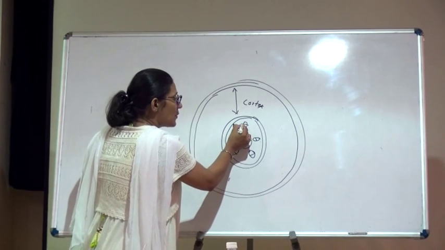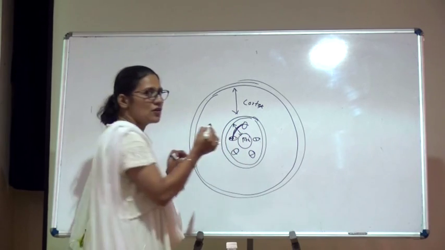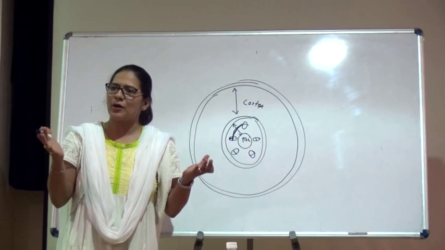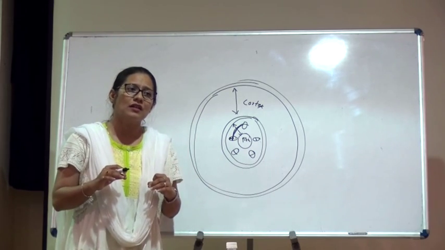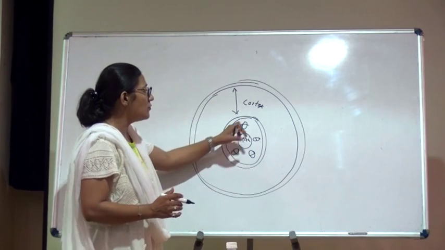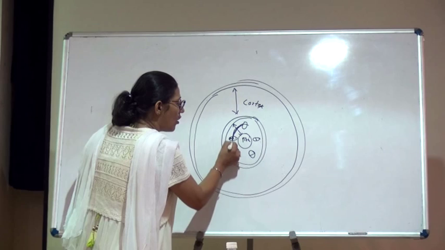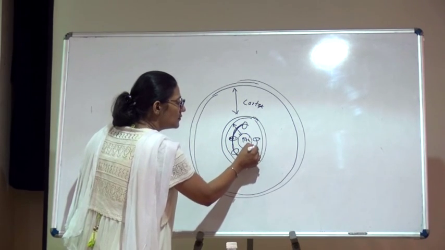The cells present in between the two cambia will become active. They had lost the property of division, but they regain it and form a cambium, and the whole ring forms. This is known as the cambium ring.